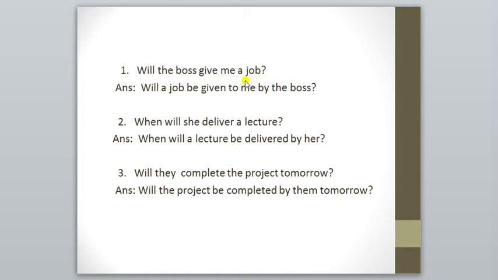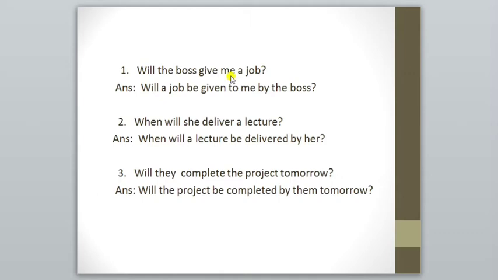One is the direct object and another is the indirect object. Now we have to find which one is direct and which one is indirect. Now we will think about me. Whom will the boss give a job?